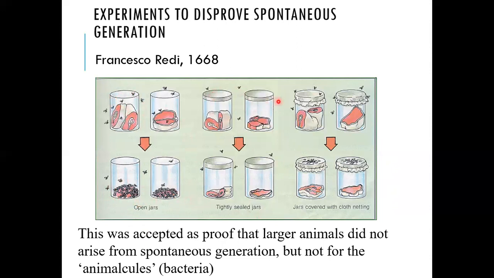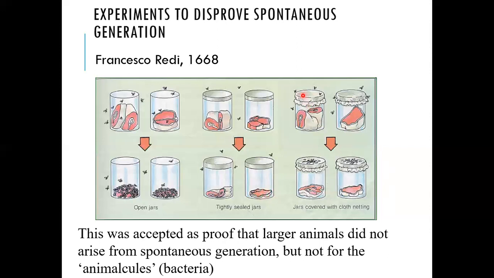Then he had a sealed jar, and he let the meat rot. And lo and behold, there were no maggots because they couldn't get in. So the other scientists said, no, you can't do that because you cut off the air. And the air has a vital principle, which makes it impossible for life to arise if you don't have any vital principle.